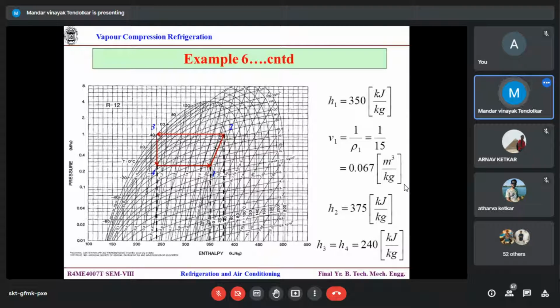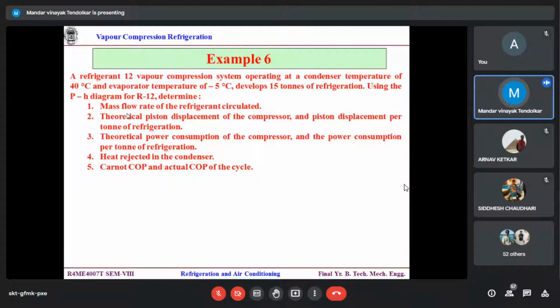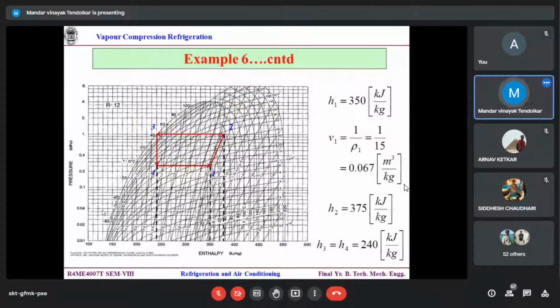Are you getting it? Yes, sir. Similarly, the other temperature given is -5. Okay, so this is 0 intersection. This is -20 intersection. So what you should do is take a vertical line from this, that is 0 degree. Take a vertical line from this, that is -20.